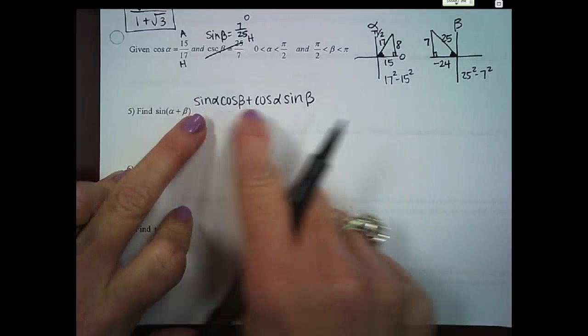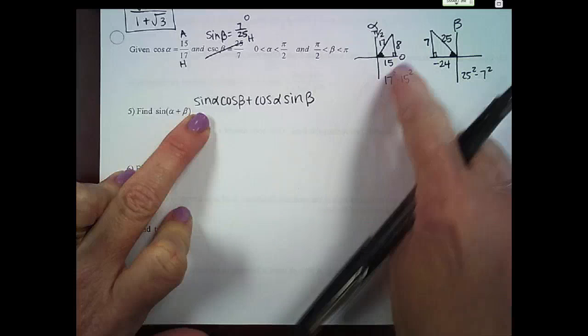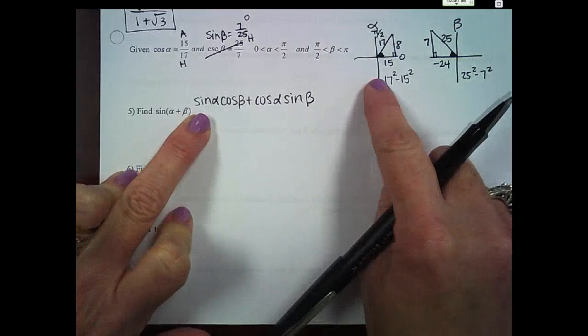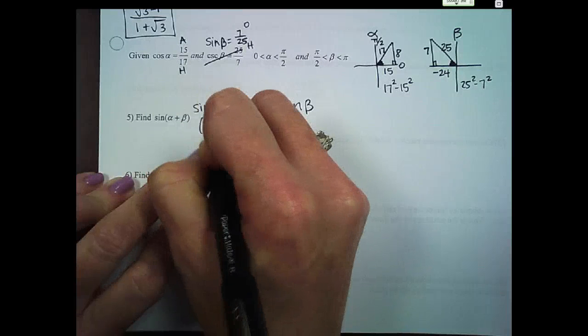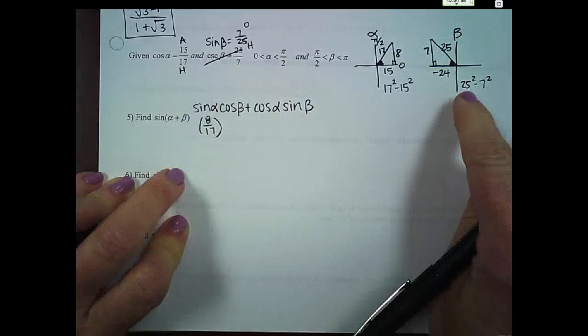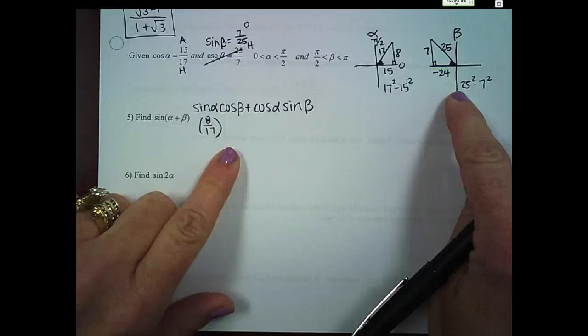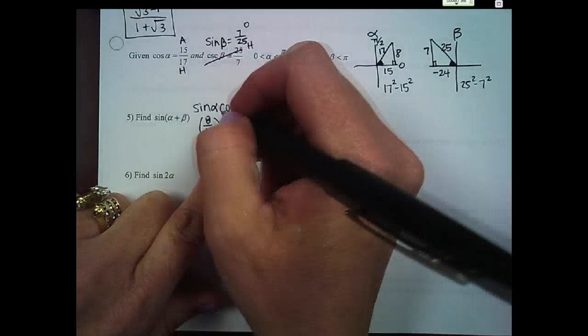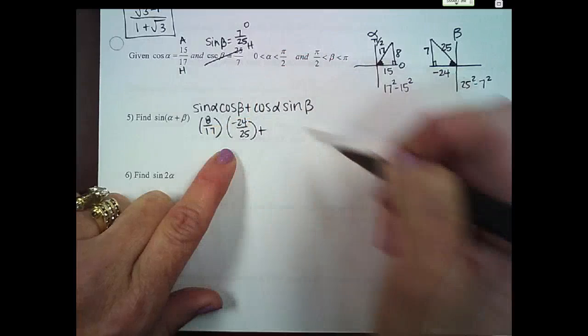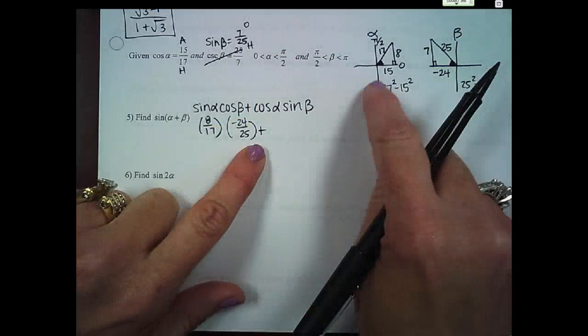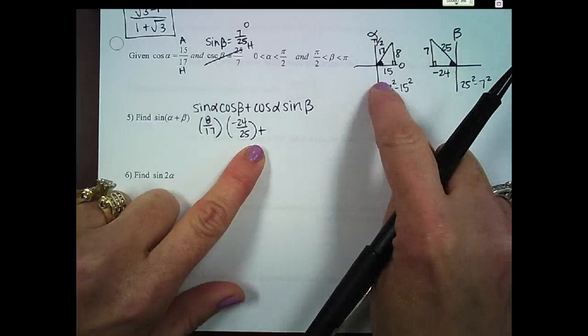So if I look at alpha to get sine, then I'm going to get 8/17. If I look at beta to get cosine, negative 24 over 25. Plus, I'm going to use this to get cosine, which they already gave me in the problem.